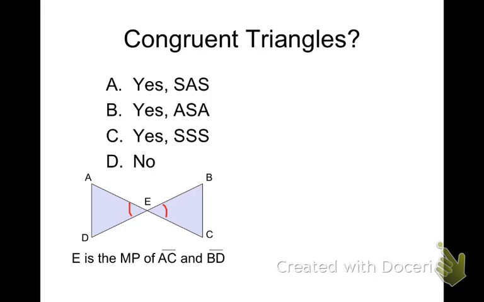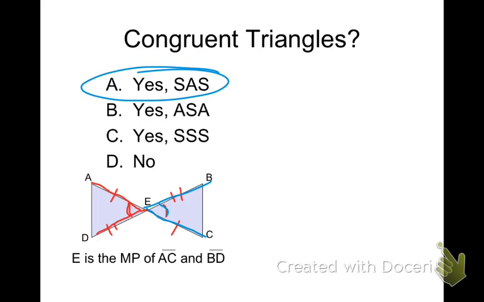Midpoint tells us that AE is congruent to EC, and that DE is congruent to EB. Is that enough information? Look at the orientation of our congruence. We've got a side, an angle, and then a side, congruent to a side, an angle, and a side. So yes, by side-angle-side.